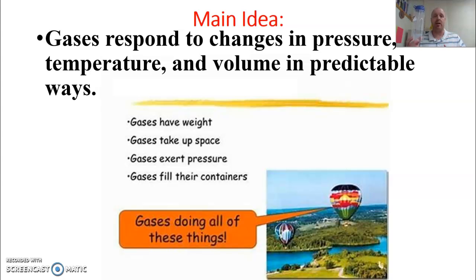But generally speaking, if there is a combination of different gases, they completely fill up the container. The gases exert pressure. Think about a balloon. The more gas you put into a balloon, the bigger the balloon gets, because the gas is exerting pressure. And if you were to weigh the balloon, you would notice that a balloon full of air weighs more than an empty balloon. So these are all the things that gases do.